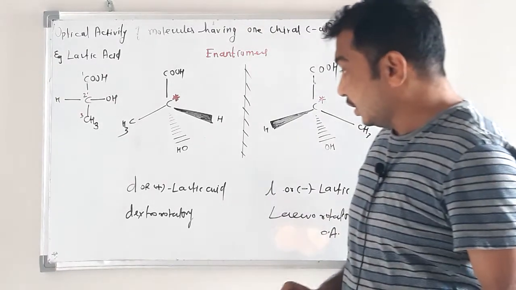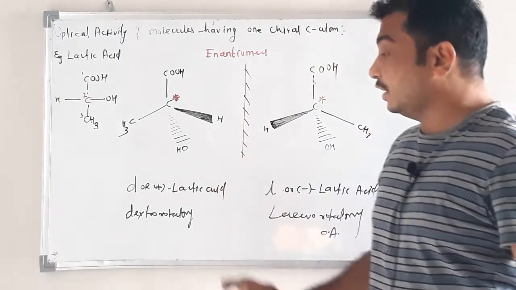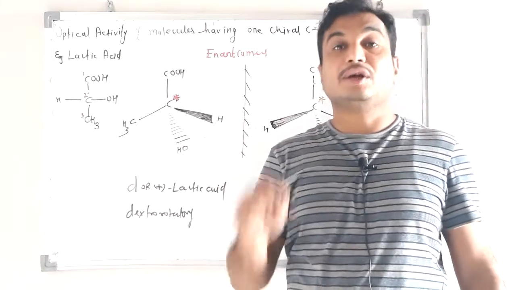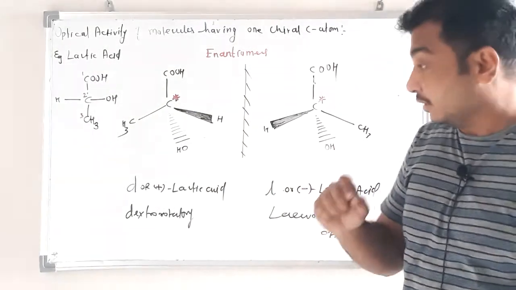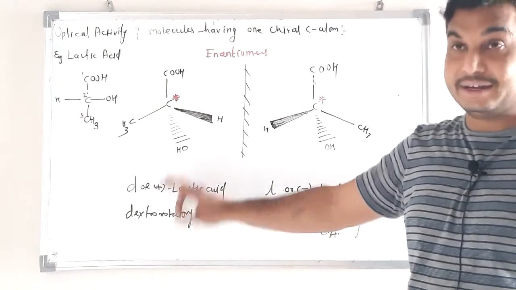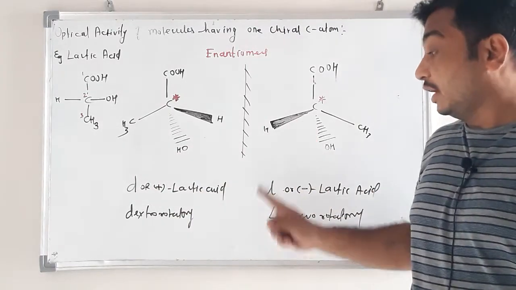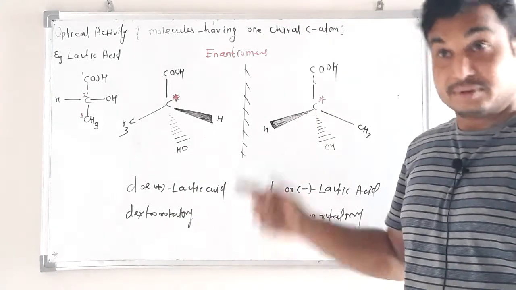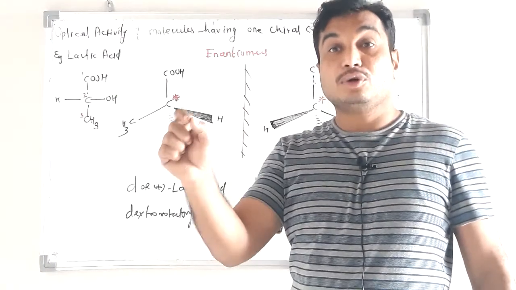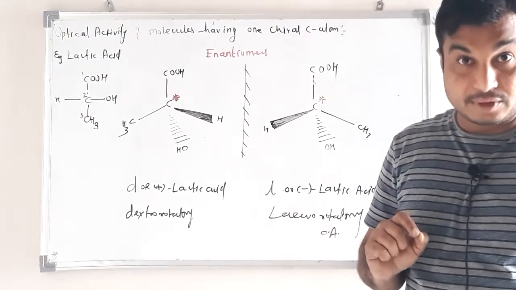If we prepare a mixture that contains equal quantities of D-lactic acid, dextrorotatory, and levorotatory lactic acid, then that mixture is found to be optically inactive.